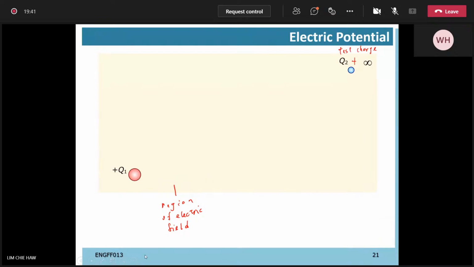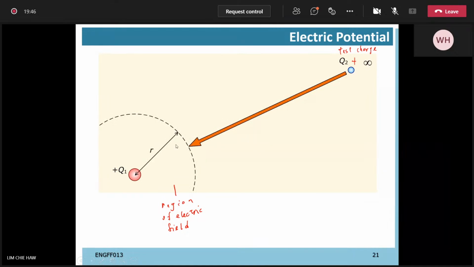Let's say I try to bring this test charge Q2 to this location. You can see the dotted line here, which is actually the circumference for the radius R. If you want to bring this test charge to this location, at a distance R from Q1, what happened?